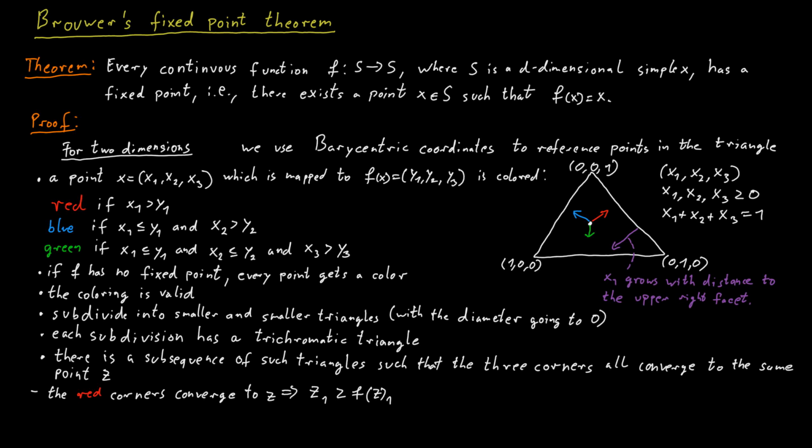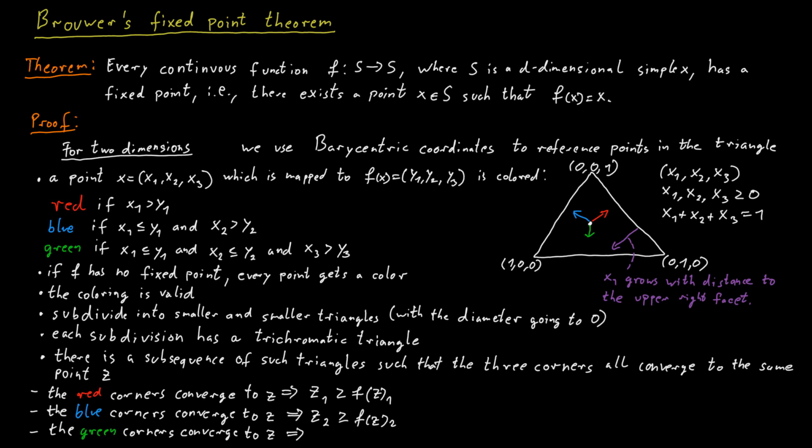And then we can follow all the blue corners in this subsequence. And those also converge to z. And from that we conclude that z2 must be greater or equal to the second coordinate of f of z. And then we follow the green corners, and we get that z3 must be greater or equal to the third coordinate of f of z.